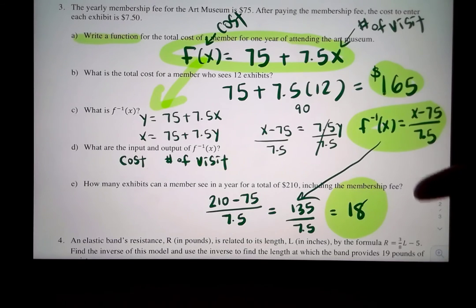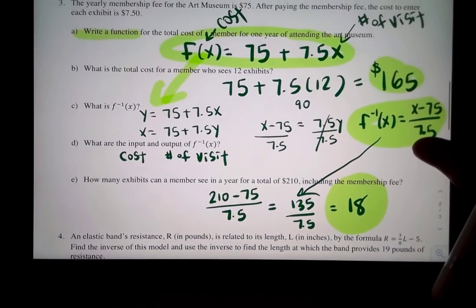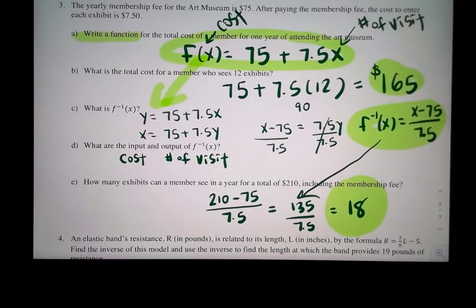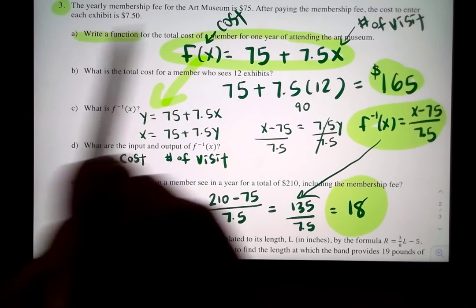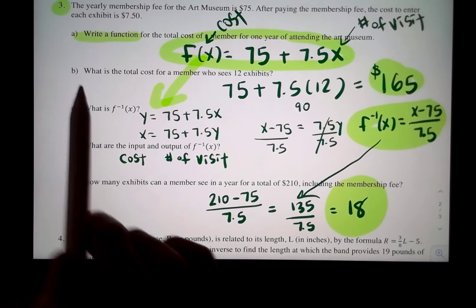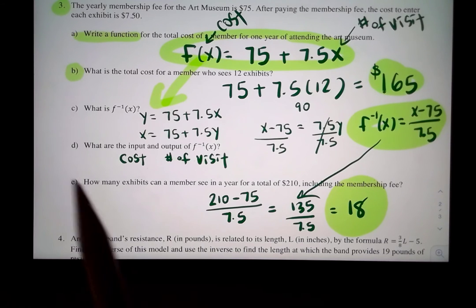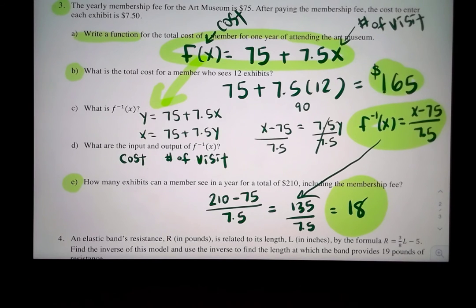Okay? And the last one. So guys, for your quiz, I'm gonna give you a situation like that. You will have a question, and then I will ask you this kind of thing, B and E, just like this. You don't have to find the inverse function or set up the function.